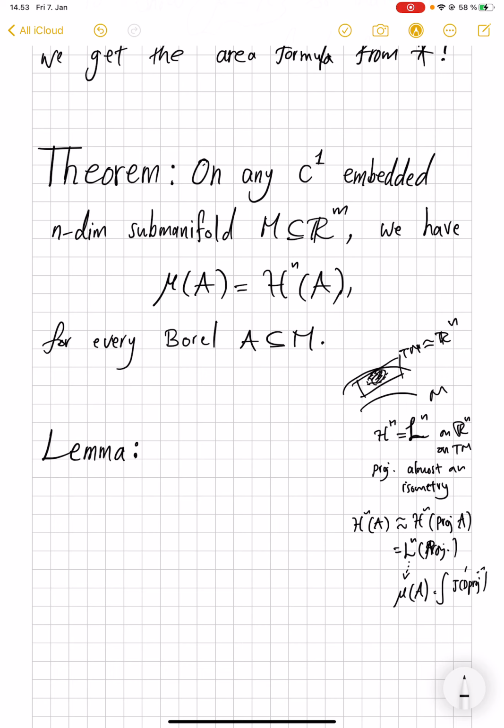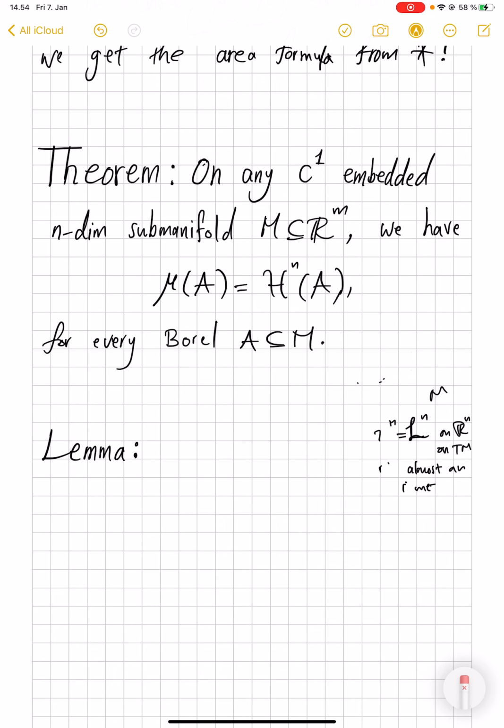And this is almost equal to 1 because of being almost an isometry, which gives you the Ln measure of the projection of A. And we have shown that this is equal to Hn and to this. So ultimately you estimate mu of A with Hn of A. And the proof I'm going to give is more or less the same idea, but with precise details.